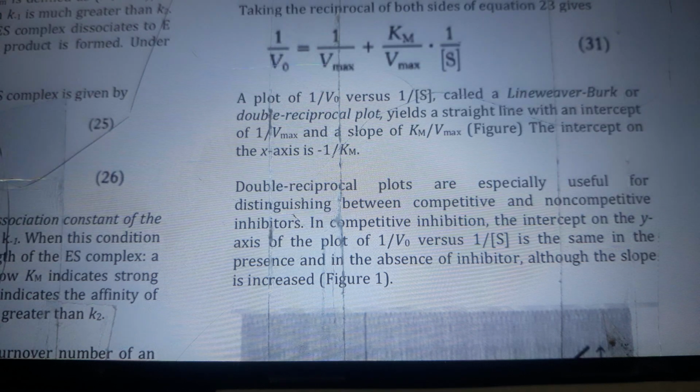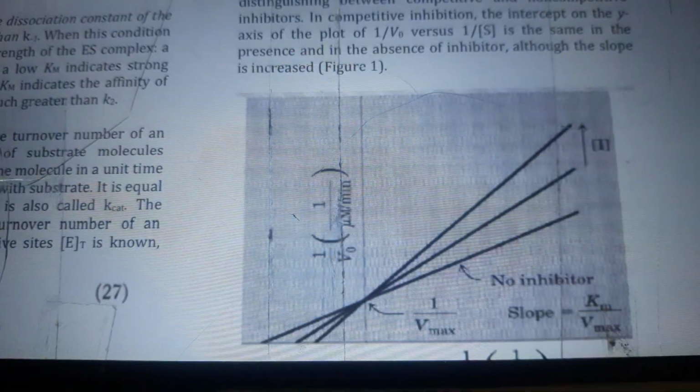The intercept on the x-axis is minus 1 by Km. Double reciprocal plots are especially useful for distinguishing between competitive and non-competitive inhibitors.